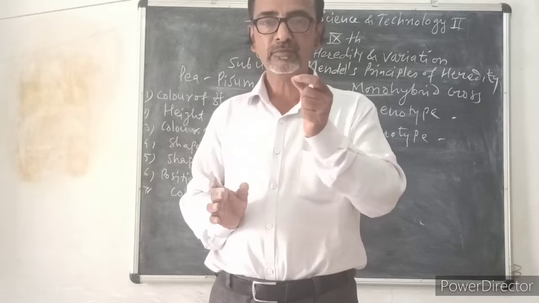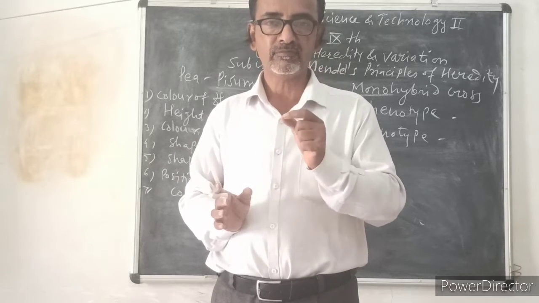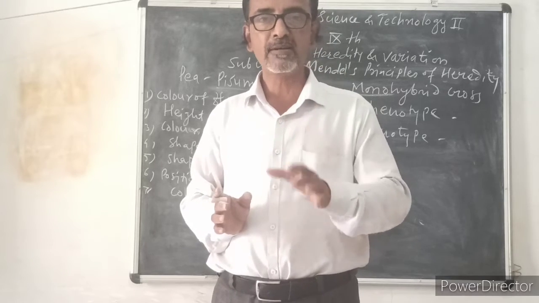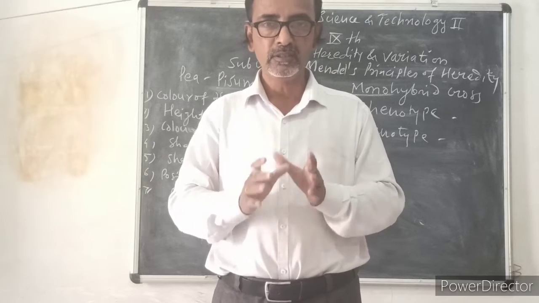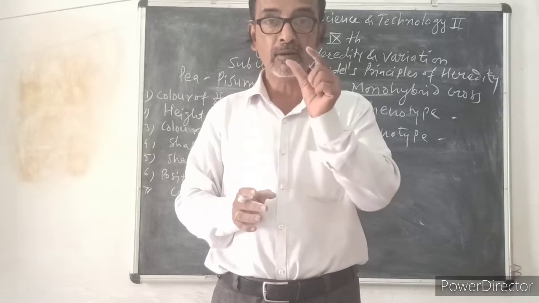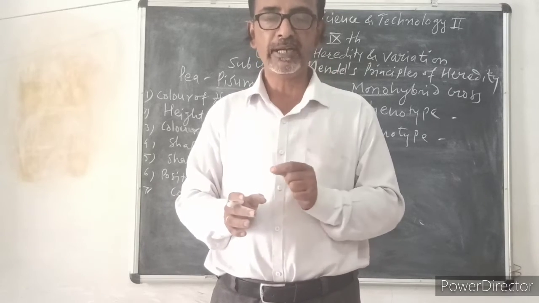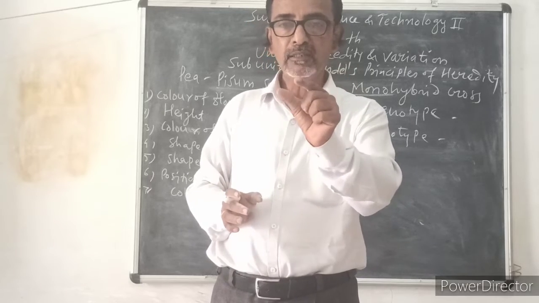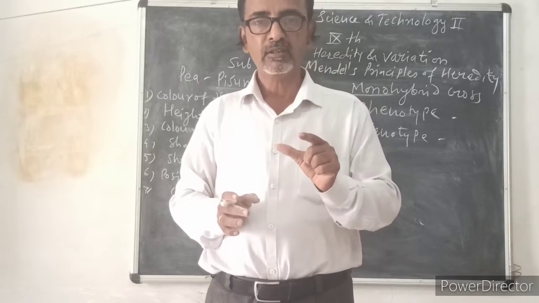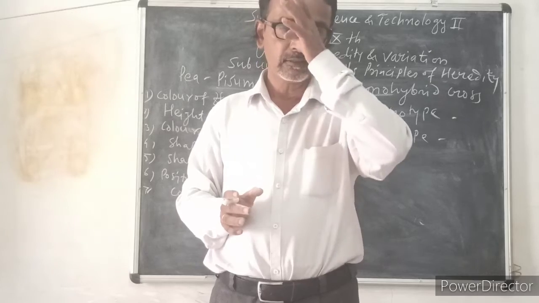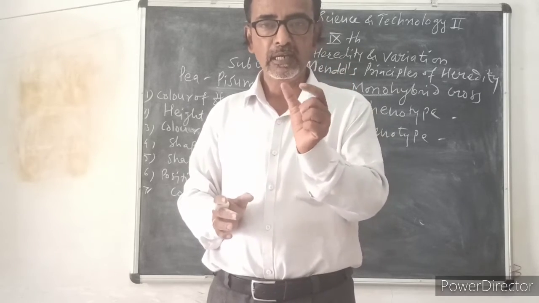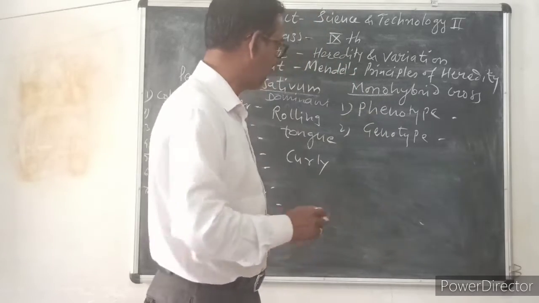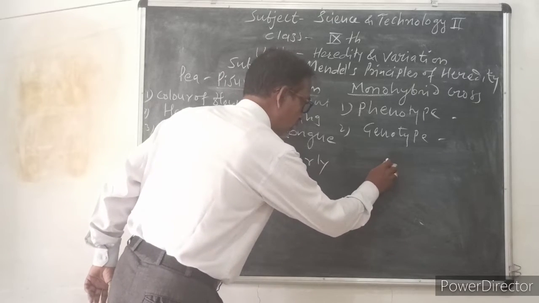The Indian varieties of pulses, for example, Bengal gram, harbara, it is a wrinkled variety. Kabuli chana and local chana. Kabuli chana is a dominant character and local is wrinkled. It looks like this.